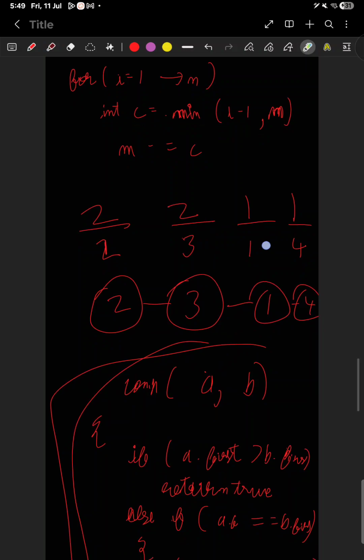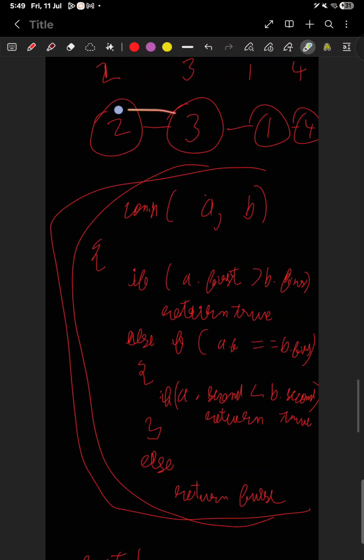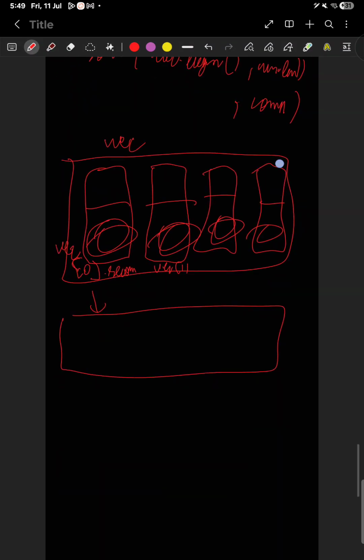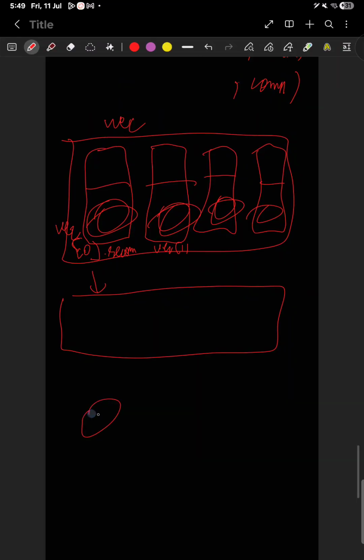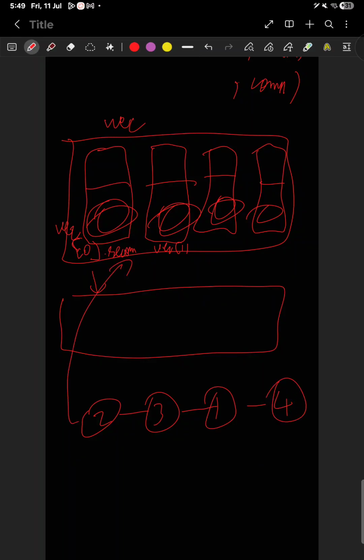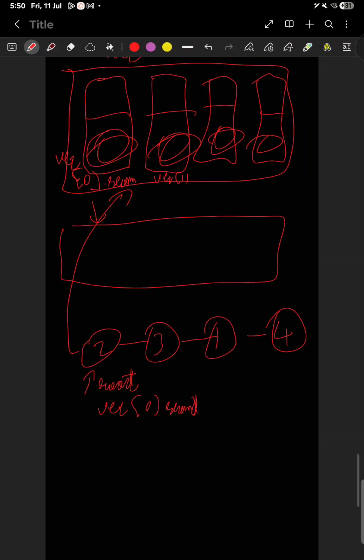What the question says is that if our tree is this, 2 3 1 4, and we have all the values in vec of i dot second, we have to print the root node, vec of 0 dot second, in the first line, which is 2.